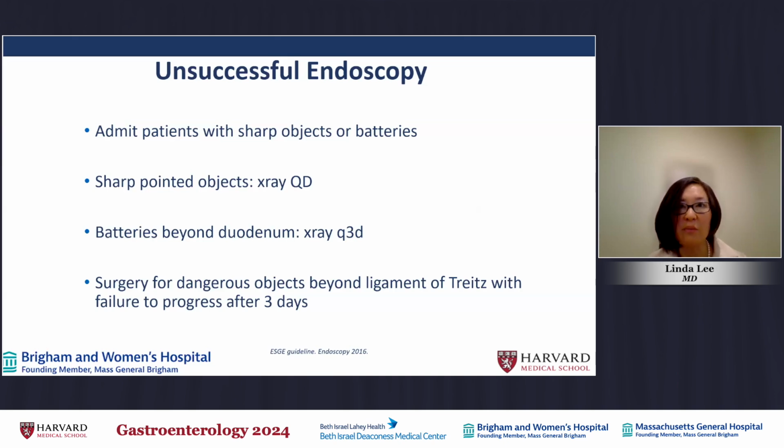If the batteries have gone beyond the duodenum, every 3 days, and certainly you can have surgical colleagues following along, especially if the object has gone beyond the ligament of Treitz and is not progressing any further after several days.